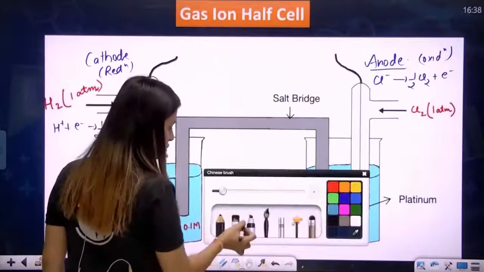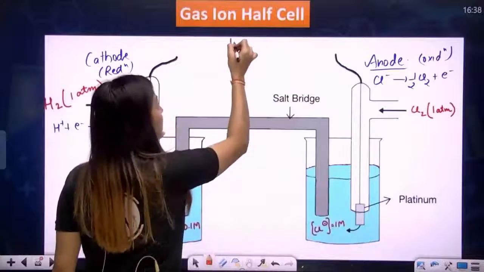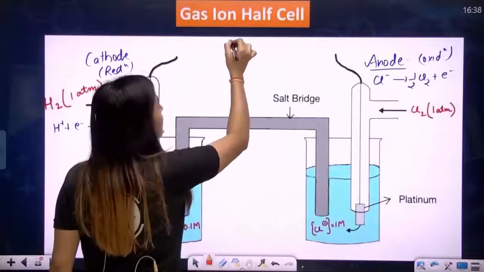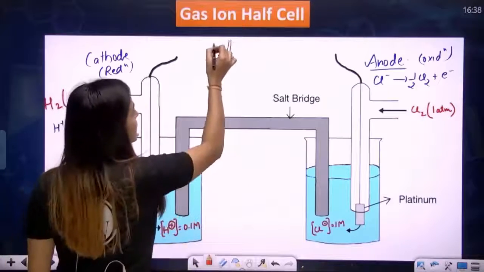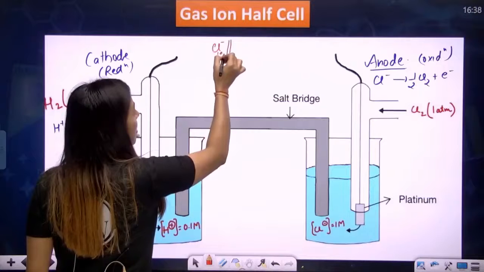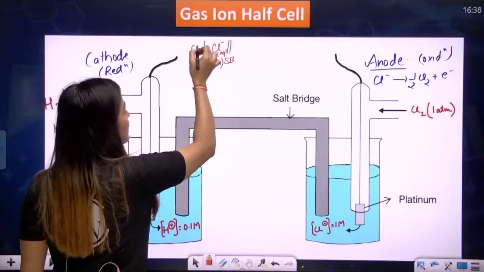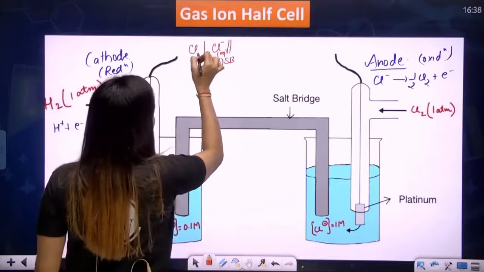Okay, you'll write the cell. Now you'll write the salt bridge here, and then the concentration of Cl minus ion, which is 1 molar. Then you'll write the gaseous state of Cl2 gas.